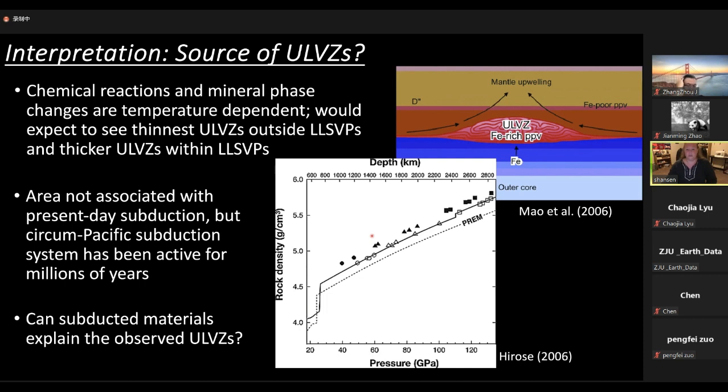Again, just a little reminder, this is the image from Hirose 2006 that emphasizes that subducted mid-ocean ridge basalts are denser than the surrounding lowermost mantle. And again, they also have a lower solidus melting temperature. So could this be the source of the ULVZs we're looking at?